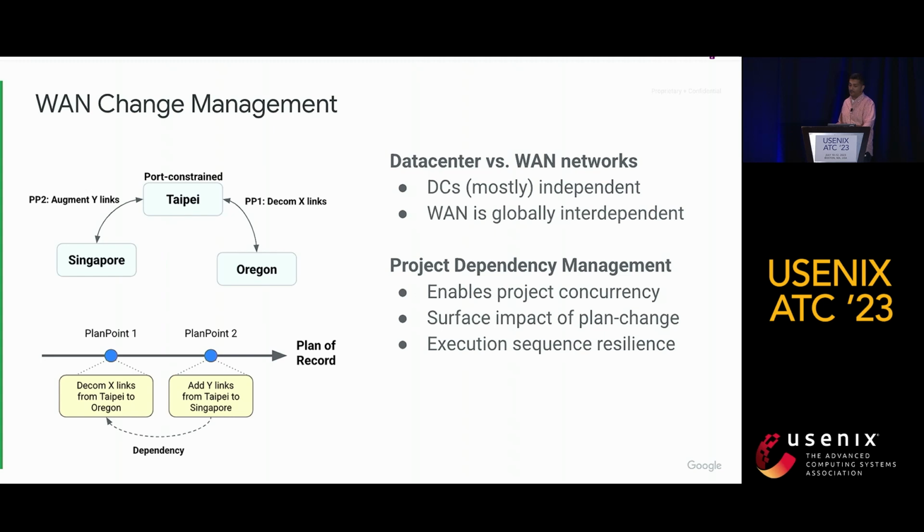For example, if a network in Taipei is port constrained, a capacity augment between networks in Singapore and Taipei might require some capacity to be decommed between Taipei and Oregon first. This dependency can be expressed explicitly.